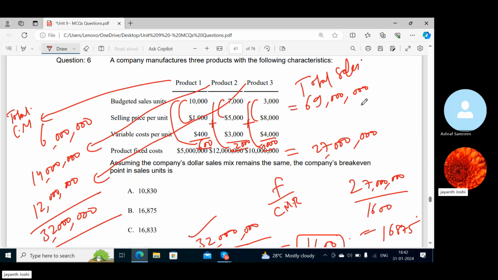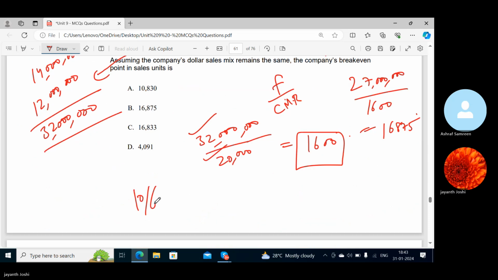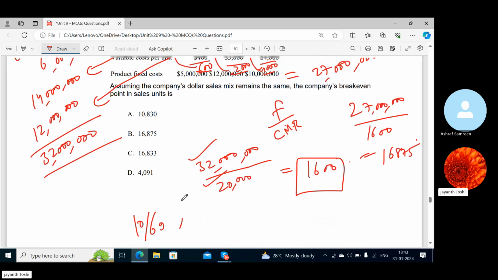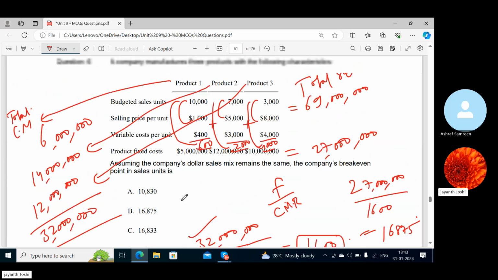What will be the proportion of this one in total sales? 10,000 into 1,000. We've got 10 million, right? That divided by 69 million. How much is that? 10 by 69, how much? 0.144.